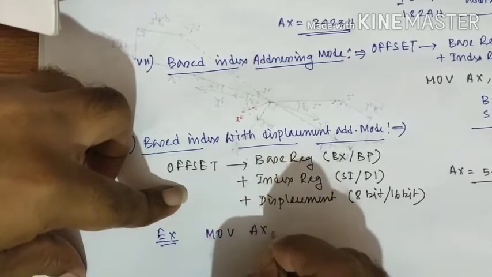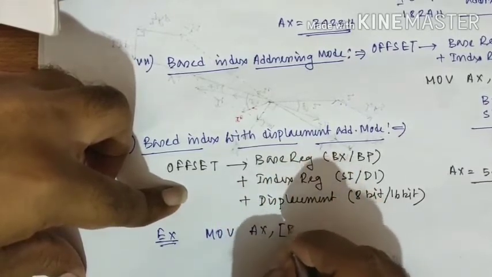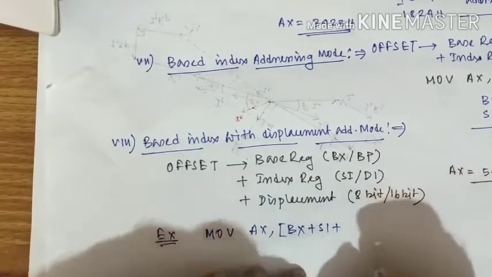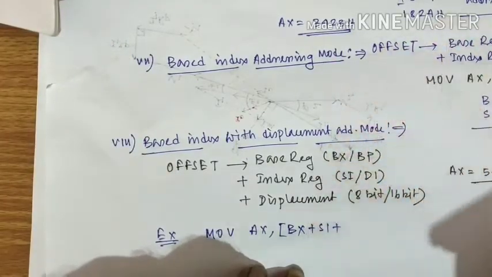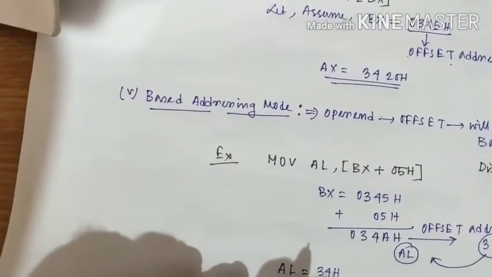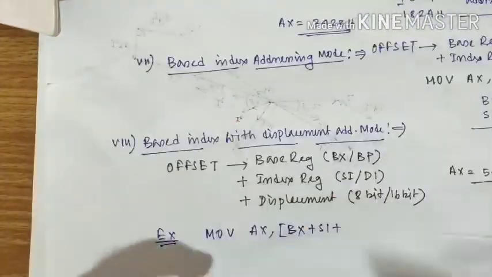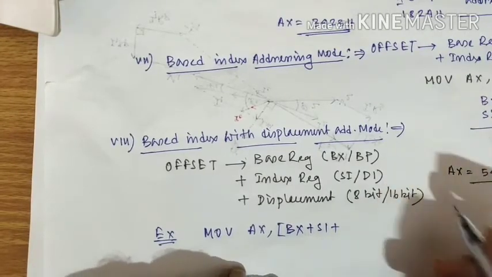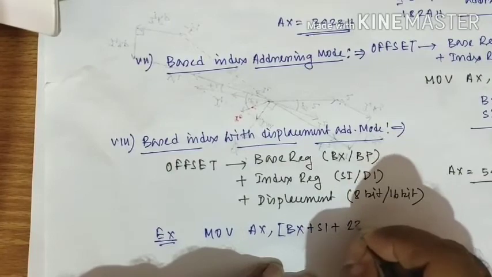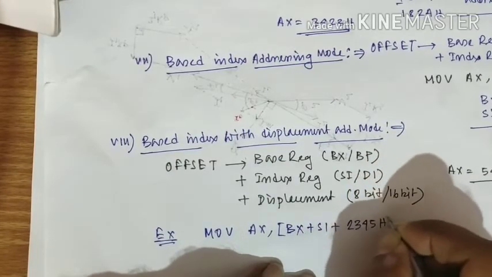MOV AX, [BX plus SI plus displacement]. Assume a 16-bit displacement. I have not mentioned it here, but a 16-bit value can be anything like 2345 hex.